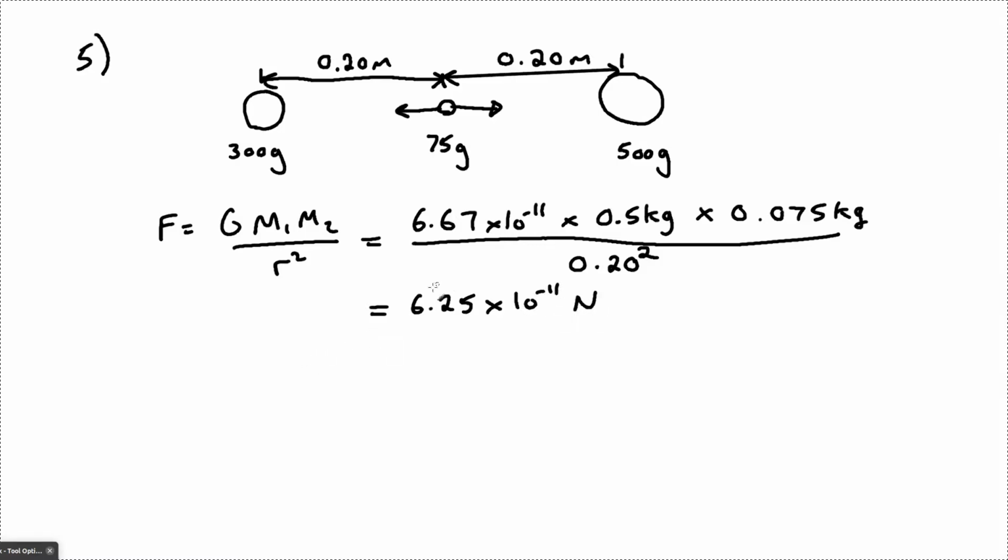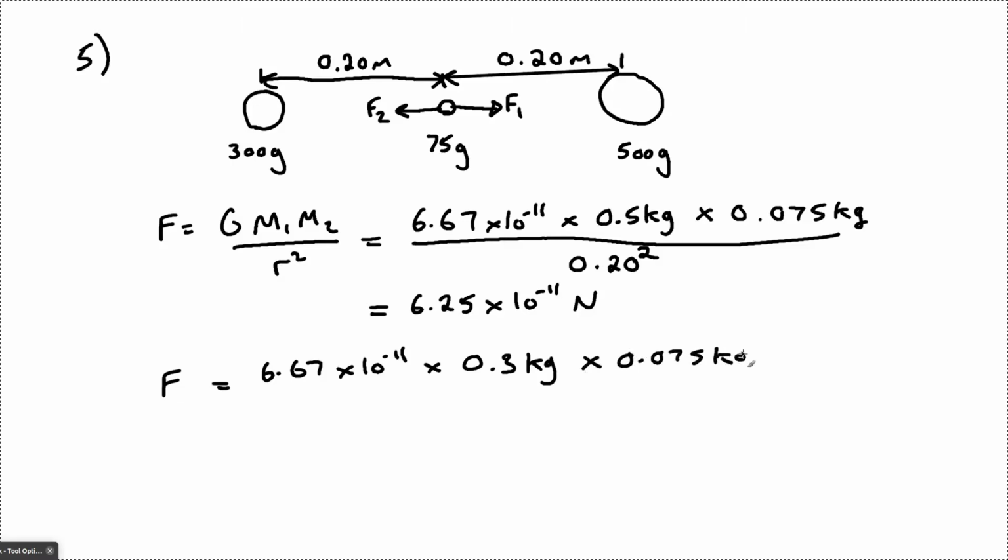What we will then need to do is to work out, so if you like we can call that F1. We then need to work out F2, the force between the 75 gram and the 300 gram mass. What's that going to be? Similar calculation, 6.67 times 10 to the minus 11, but this time we've got a 0.3 kilogram mass multiplying our 0.075 kilogram mass.